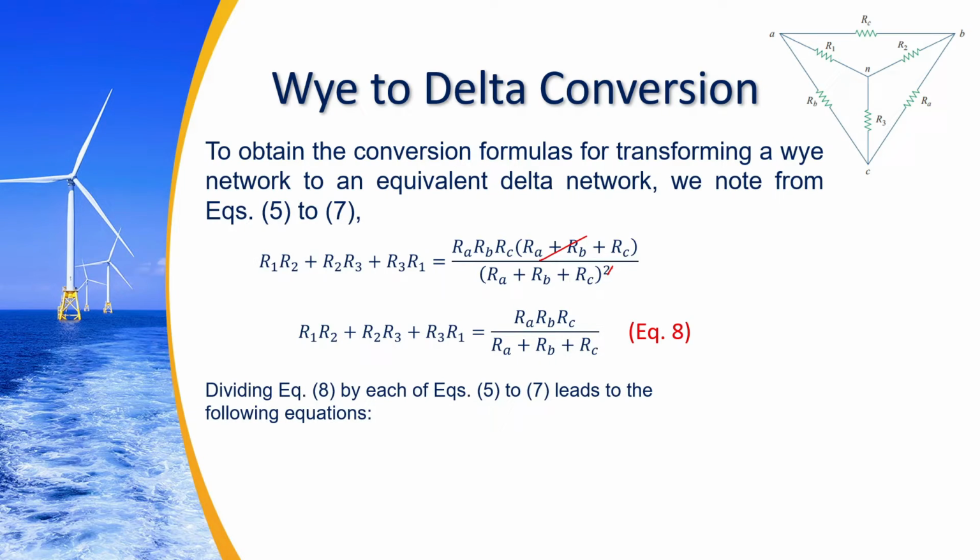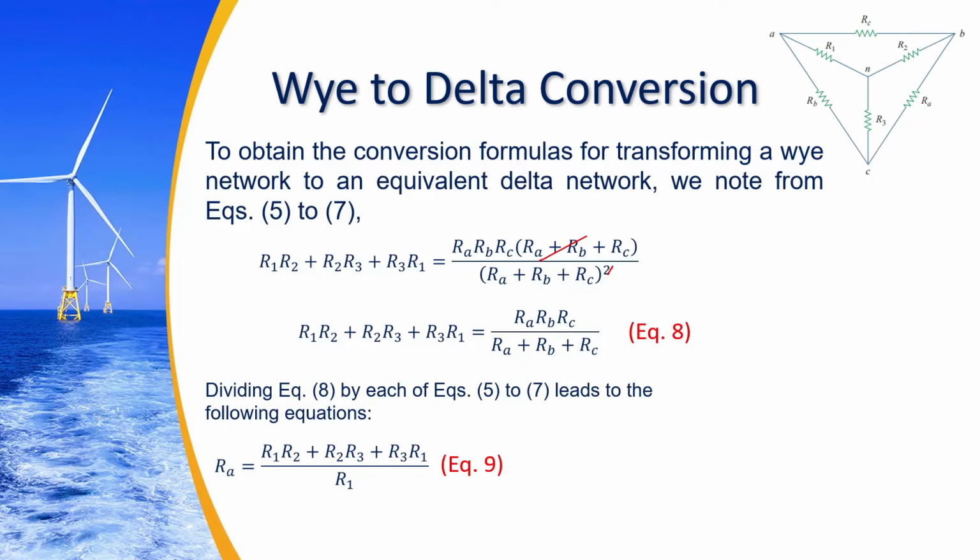Okay, so dividing equation 8 by each of equations 5 to 7 kanina, it leads to the following equations. Una, para kay R1 or equation 5 natin, kapag dinivide natin yan sa equation 8, ito yung magiging kalalabasan. RA is equal to R1 R2 plus R2 R3 plus R3 R1 over R1. Ayun yung magiging equation 9 natin.